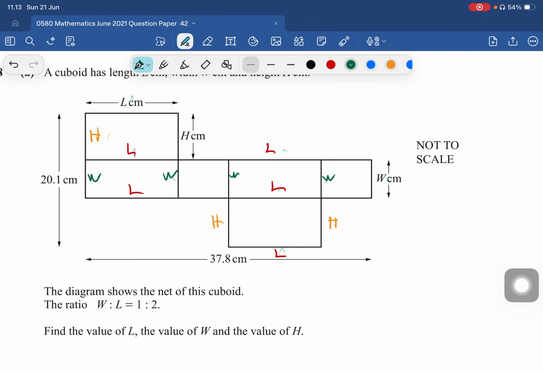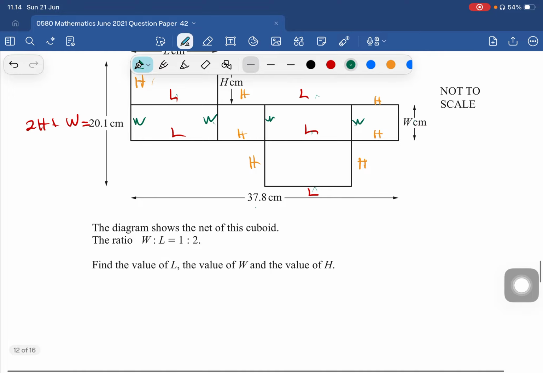Then here, another information: 37.8. We got from here 2H plus L equal to 37.8.